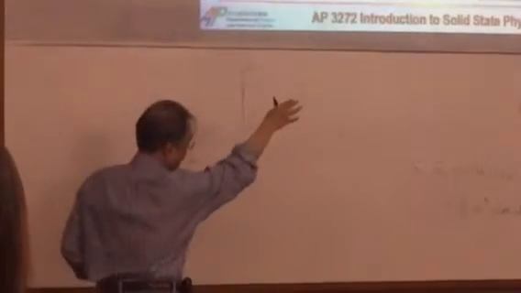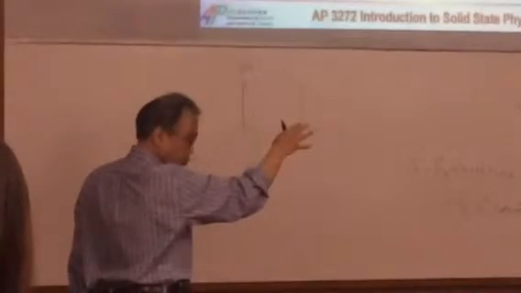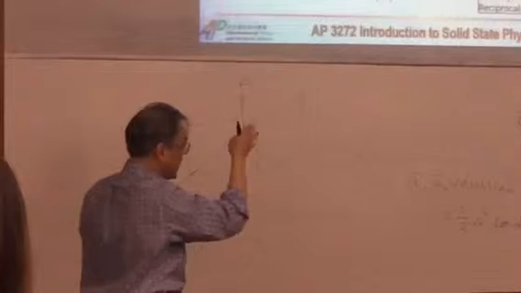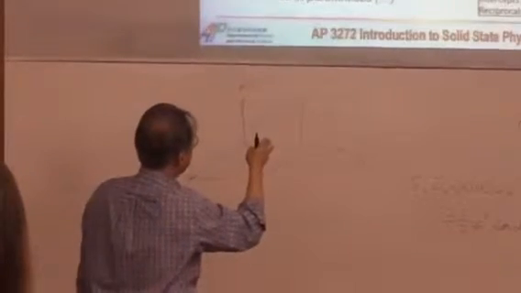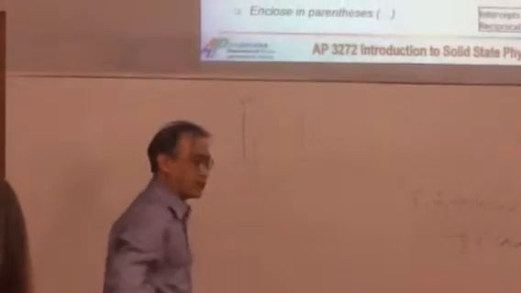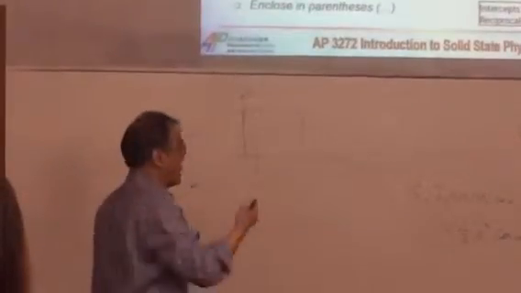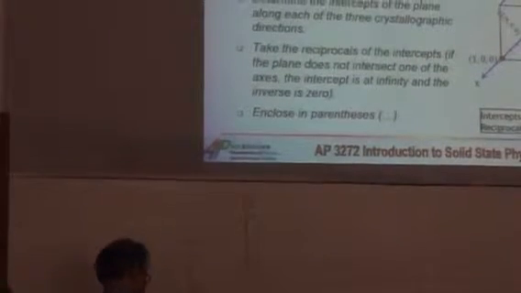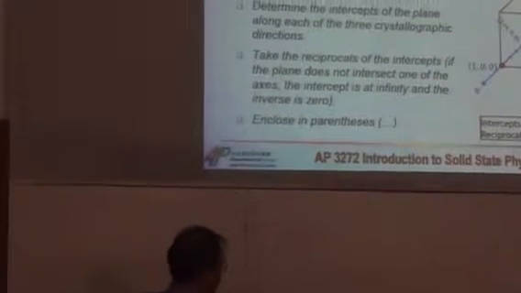Now remember, you have to take the reciprocal. When you do a plane, you have to take the reciprocal of that. So when I say a 4, 1, 1 plane, what do I really mean? What I mean is that it intercepts x at 1/4, not intercepting x at 4. You have to take the reciprocal of that.